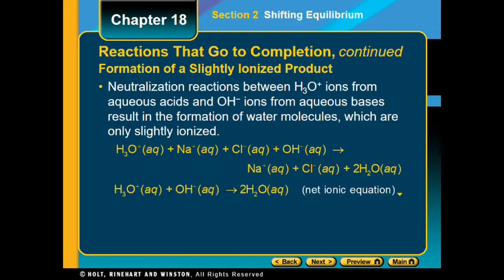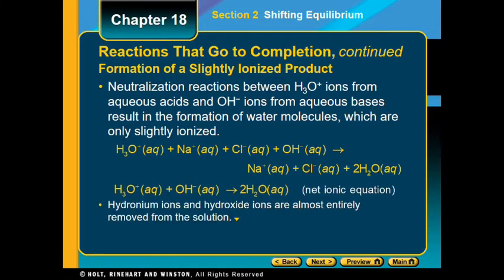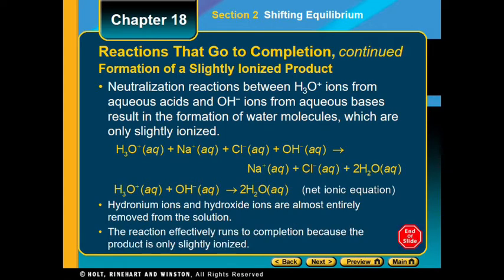And given that's the case, there's your net ionic equation. And the hydronium ions and hydroxide ions are almost entirely removed from the system because they're forming the water. And the reaction effectively runs to completion because the product is only slightly ionized. So again, once water is formed, it will barely ionize itself.